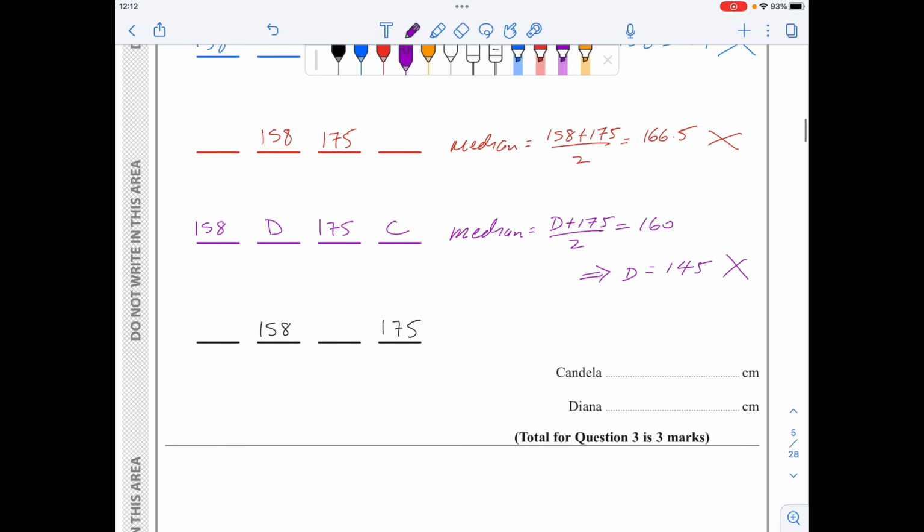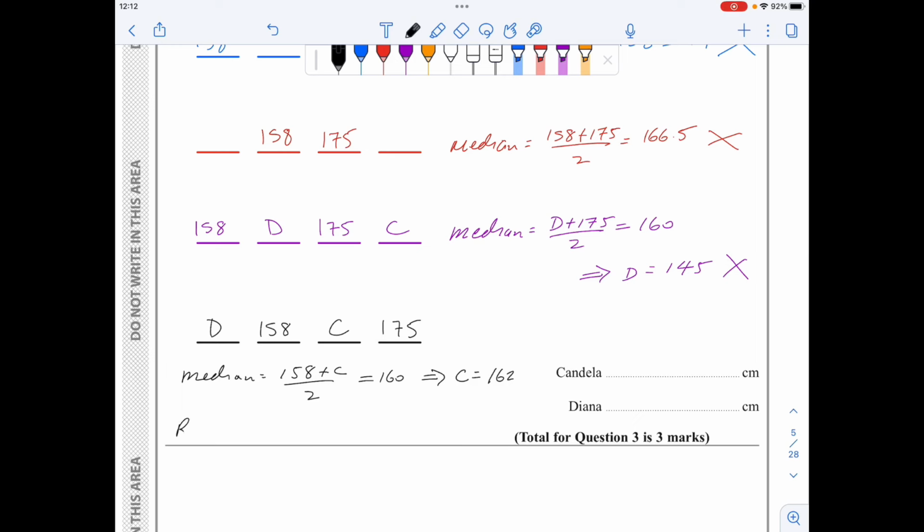And finally, let's go to case number 4. D is less than C, so they should be in this order. Let's work out the value of C using the median. So median is (158 + C) / 2. This is 160, hence C comes out to be 162, which is between 158 and 175.